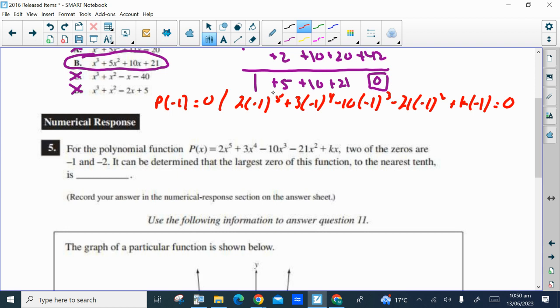Negative 1 to the 5th is negative 1 times 2. Negative 1 to the 4th is positive 1 times 3. Negative 1 cubed is negative 1 times negative 10. Negative 1 all squared is positive 1 times negative 21.